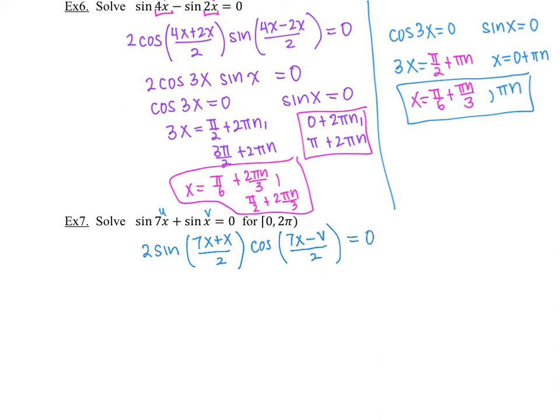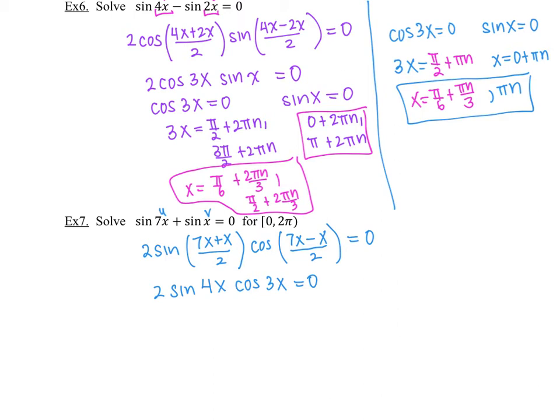Oh, I wrote v instead of x though. 7x minus x. Just make sure you copy it very carefully from the formula because some of them switch their sines and cosines. So 2 times the sine of 8x over 2 is 4x, times the cosine of 6x over 2 is 3x equals 0.